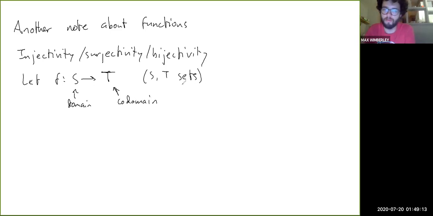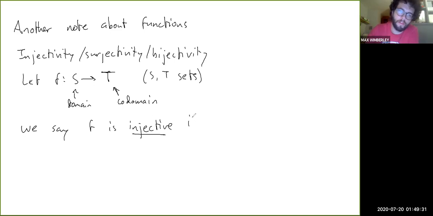Not the range, remember. Codomain is not the range. So this does not mean that every value of T occurs as the value of f at some point in S. We say f is injective if f of a equals f of b only when a equals b.